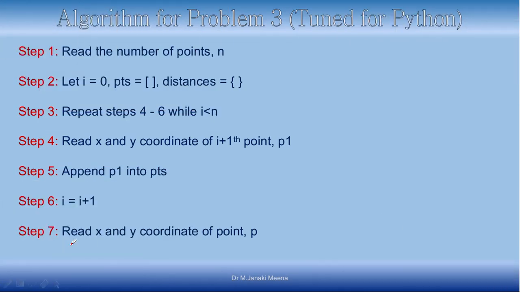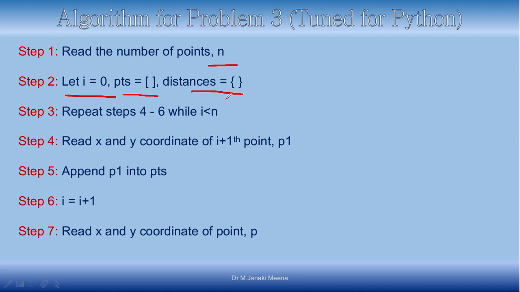This algorithm is tuned for Python. The first step is to read the number of points n, and then we are initializing certain things. This is the iterative variable i, and I told you that the set of points is going to be maintained as a list. So we are initializing a list for points, and then this is the dictionary in which we are going to maintain the mapping between the distance and the list of points, right?